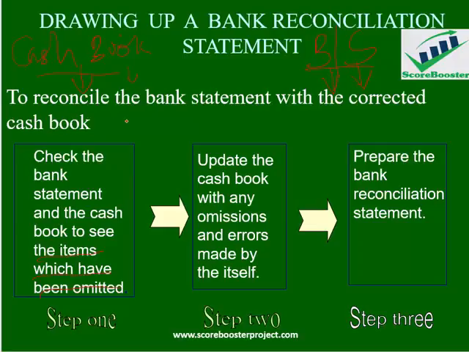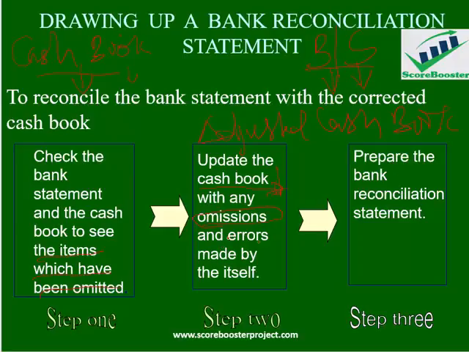Find out. Once you do that, then you update your document, because it is assumed that the reconciliation should start from your own end. So step 2 is to update your cash book. We call this one the adjusted cash book. Adjust your own cash book using the items that are missing from both sides.